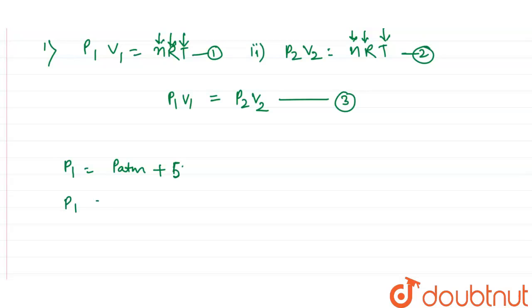Now P atmospheric is given in the question, that is 75, plus 5, and it is 80 cm of mercury. This is our P1.